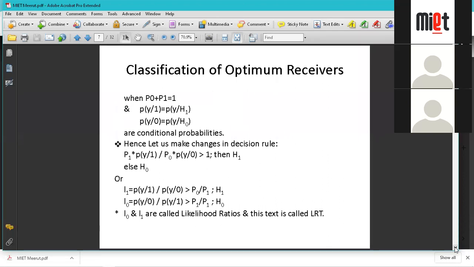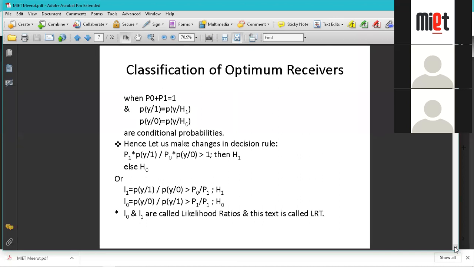Now, because this is all step by step, the way I teach in the class, the same thing I'm telling you over here, so that all of you understand in a very, very simple manner. But we know that P0 plus P1 is going to be equal to 1. So what is this? This is a constraint, but this is known to us.